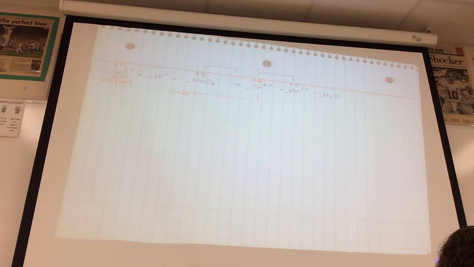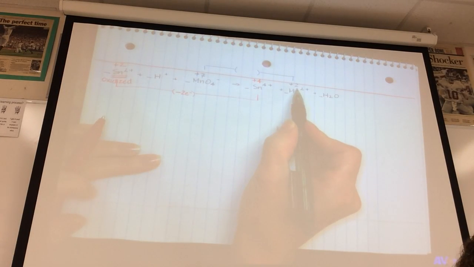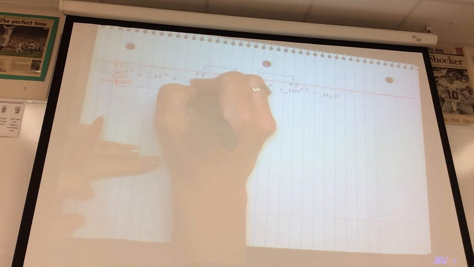When the oxidation number goes up, the substance loses electrons. When the oxidation number gets reduced or goes down, it gained electrons, so the permanganate ion, the whole species, is the substance that got reduced.